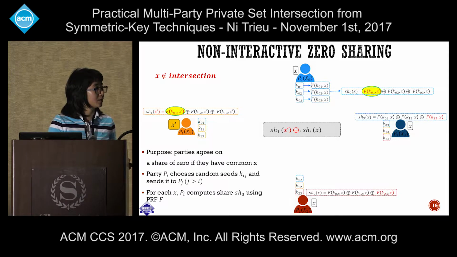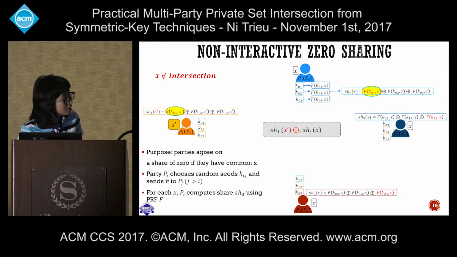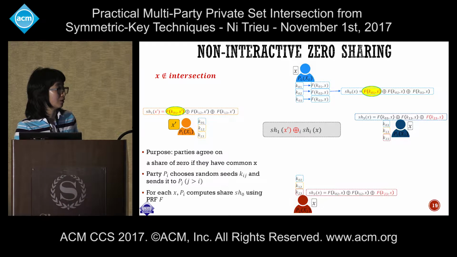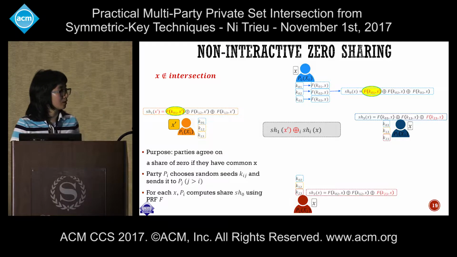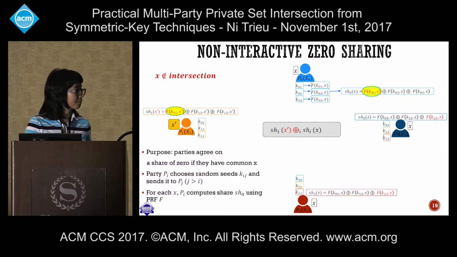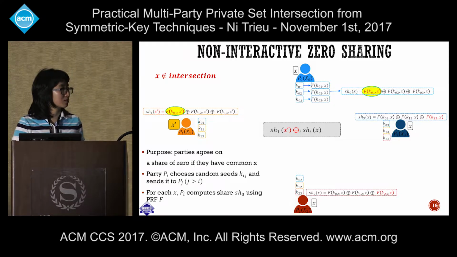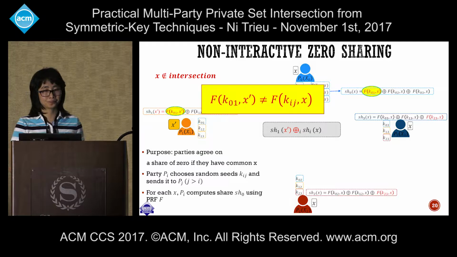Another example here is f of x under the key 0,2, which appears in P0 and P2, so it will be cancelled out, and so on. So it means that the XOR of the shares equals 0.